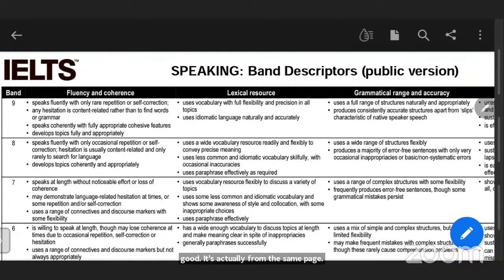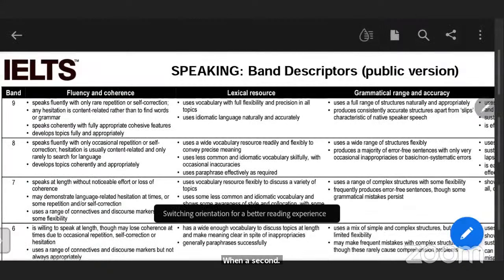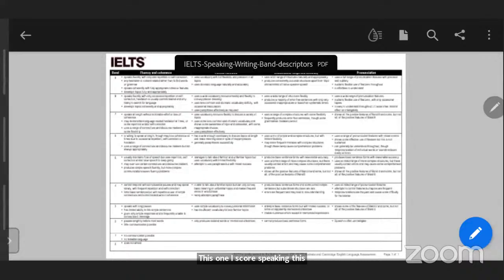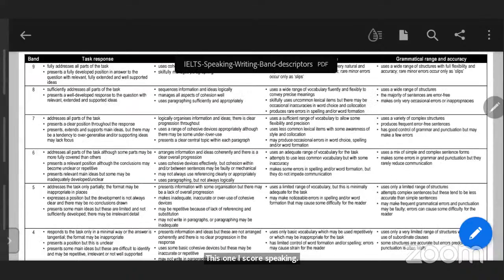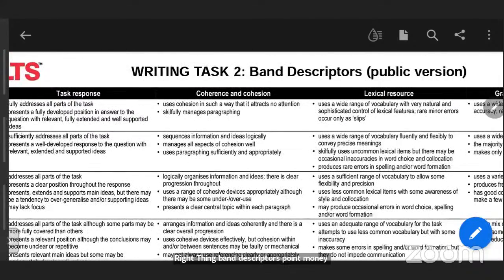This one is for speaking. This one is for writing. Writing band descriptors, the scoring points for IELTS writing.